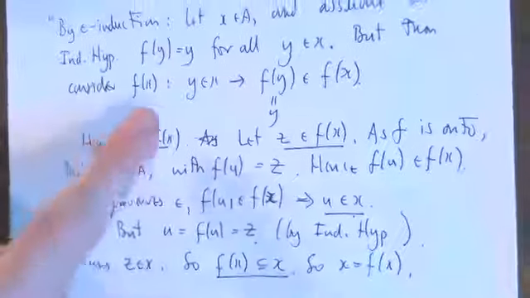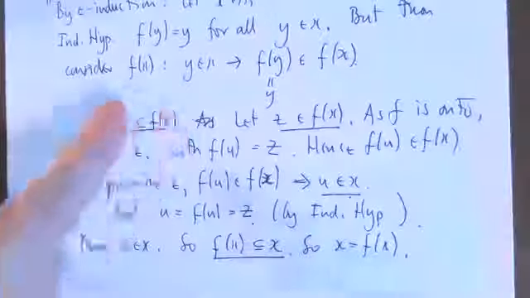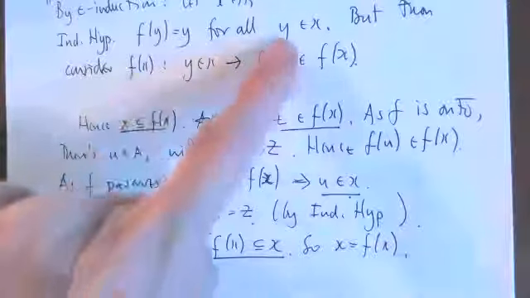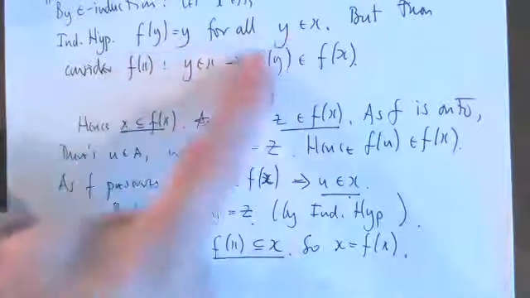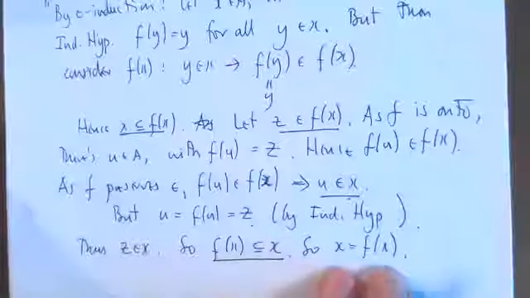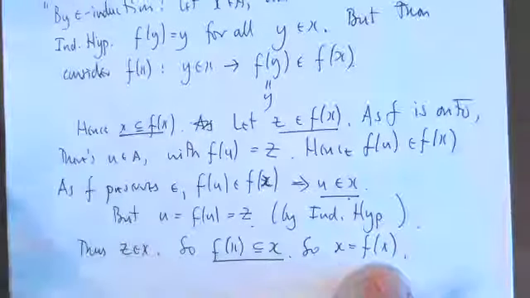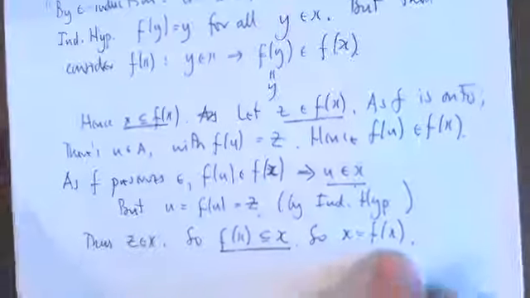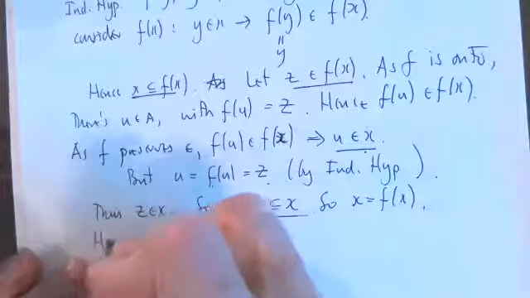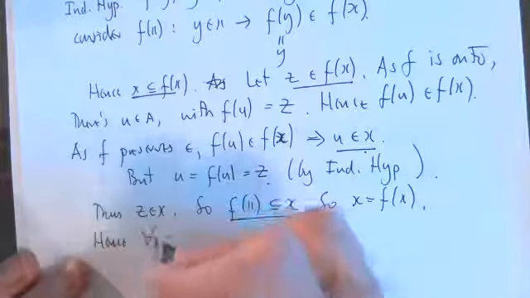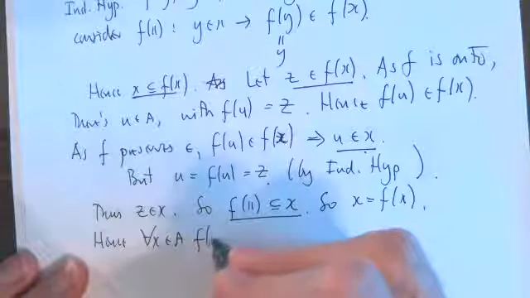So to recap, by the inductive hypothesis, we assume that for everything epsilon below x, f is the identity, and we show x equals f of x. Therefore, for every x in A, f of x equals x.